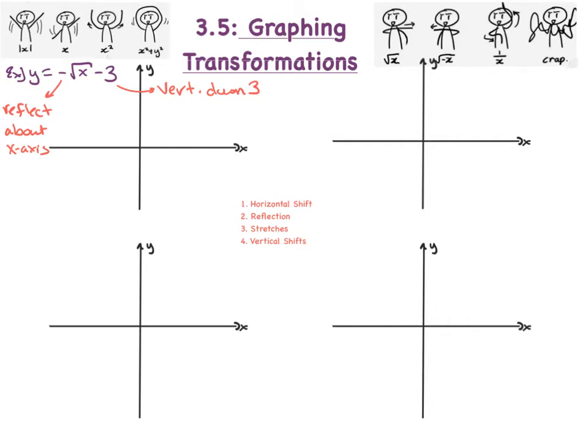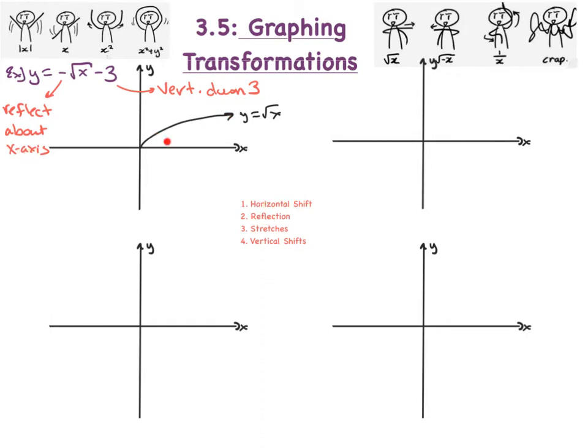So if you remember that the square root of x is the rainbow one, then I'll draw this one in black because it's our parent graph. Should look like that. And according to this list, alphabetical order means we don't have a horizontal shift. We should do the reflection first.